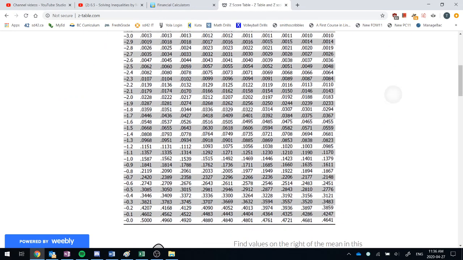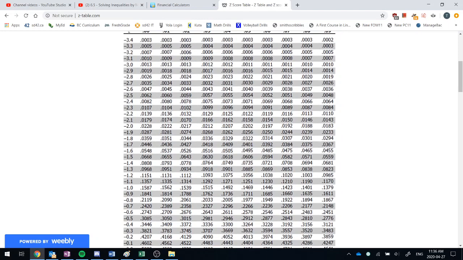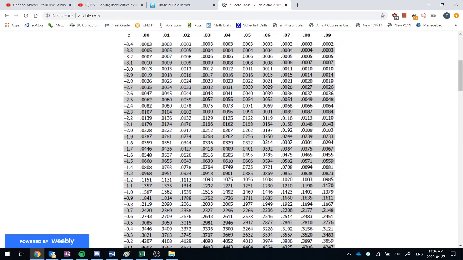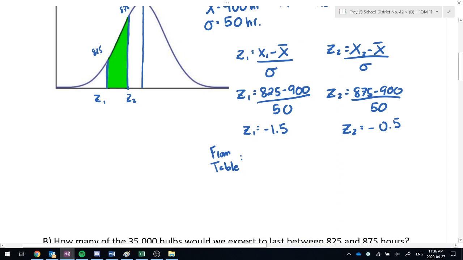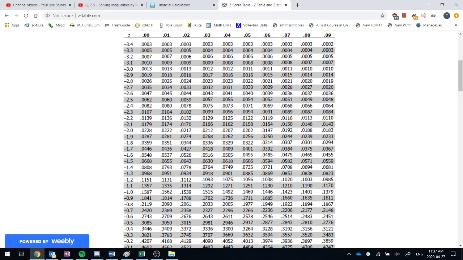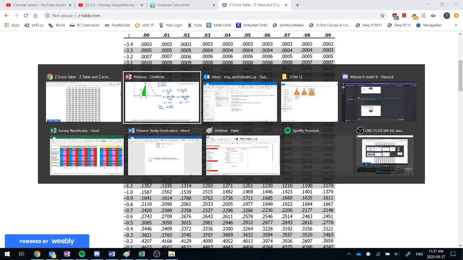Negative 1.50 is right here, right? So it's going to be 6.68%. And then negative 0.5 is right there, so it's going to be 30.85%.